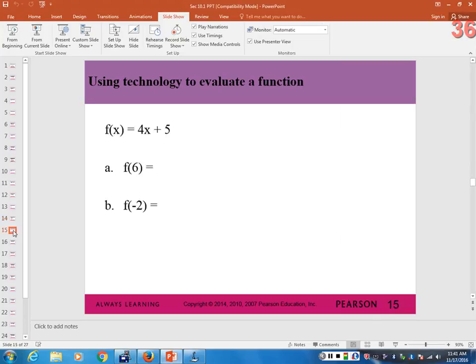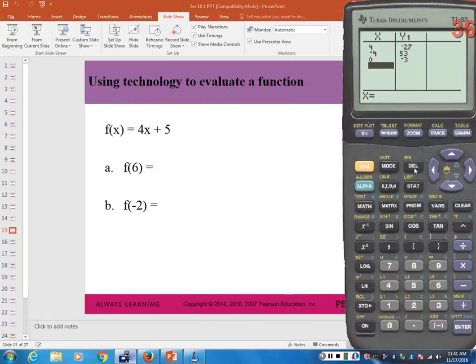So we're going to use technology to evaluate this function. And this is not on your notes, so use your calculator to keep up with this one. Our function is 4x plus 5.